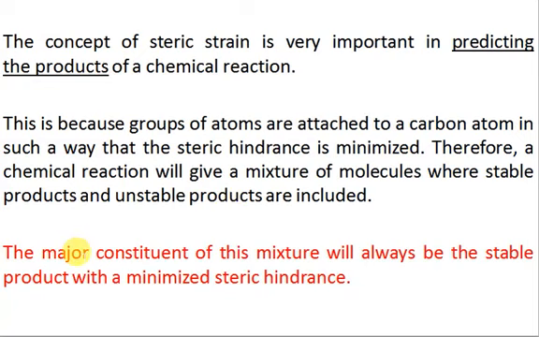So by means of steric strain, we can determine if a product of a reaction will be major or minor. The major product is always a stable product, while the minor product is always an unstable product. In this way, steric strain is very helpful in predicting the product of the reaction.